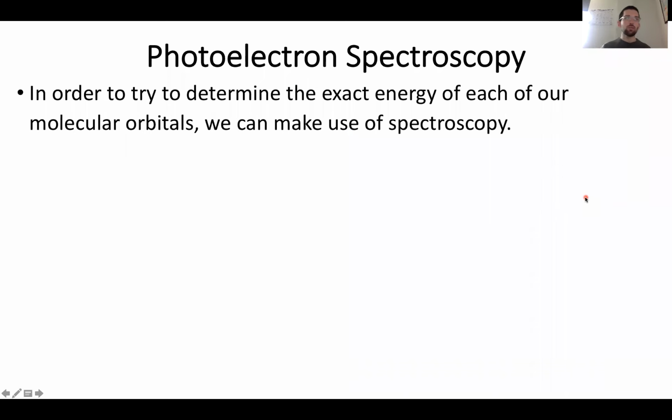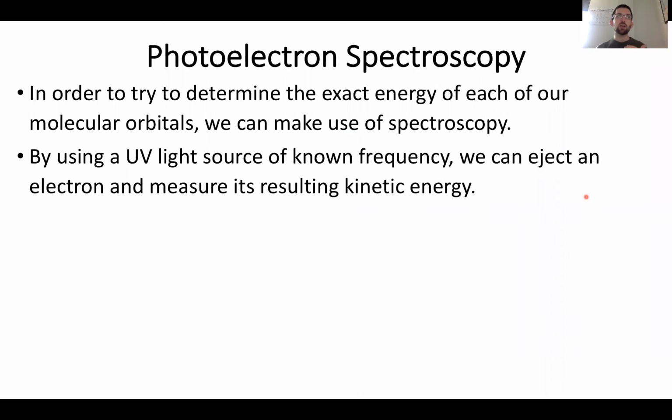So this is a bit of a mouthful of a name, but generally the idea is that if I have molecular orbitals, I can move those electrons by hitting them with a photon. And specifically by using a UV light source of known frequency, especially a very strong UV light source, I can hit that electron so hard it jumps straight out of the molecule and goes running free.